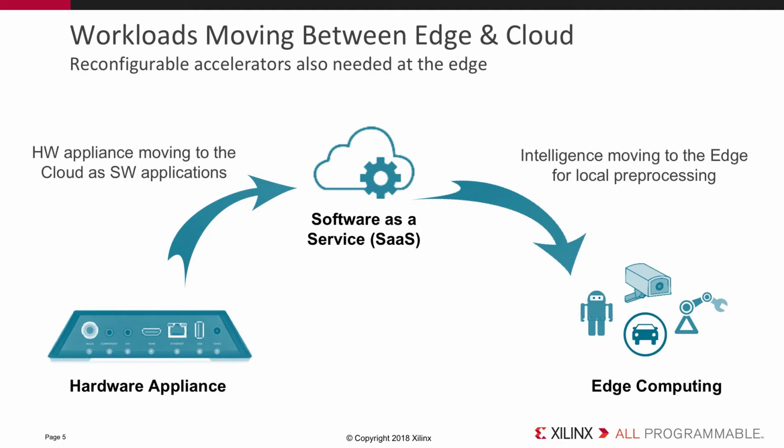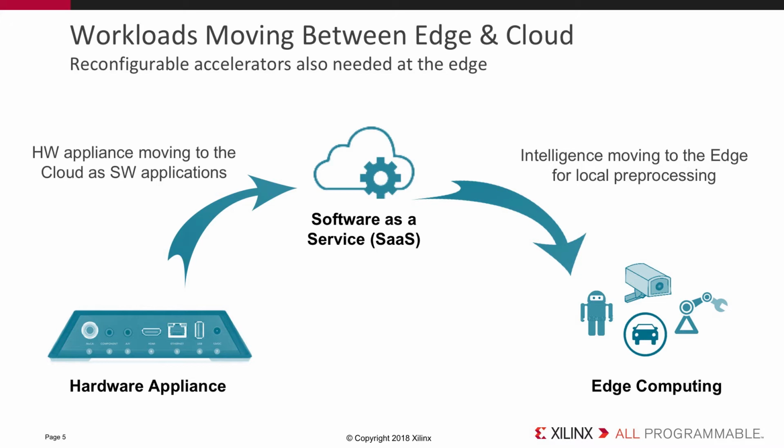So we used to have a lot of workload running at the edge, like set-top boxes or cameras for surveillance, which are starting to move to the cloud. The compute part is moving to the cloud. But then with increasing speed of edge devices, these workloads are coming back partly to the edge.